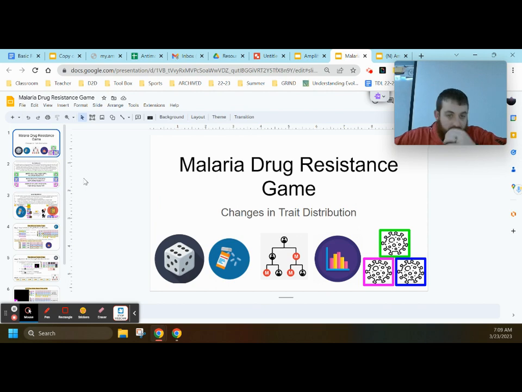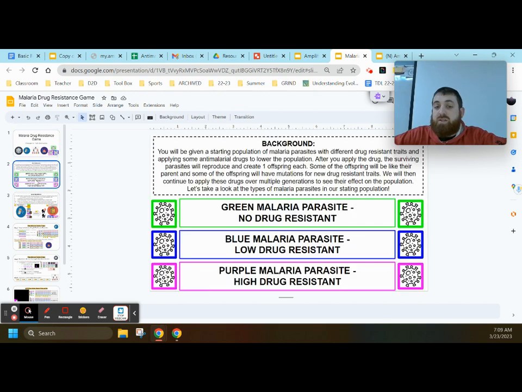So here's the idea. This is called the malaria drug resistance game. You're going to be given a starting population of parasites with different drug resistant traits and applying some anti-malaria drugs to lower the population. After you apply the drugs, the surviving parasites are going to reproduce and create one offspring, similar to what you read about in that article. Some of the offspring will be like their parents, and some of them will have mutations for new drug resistance.